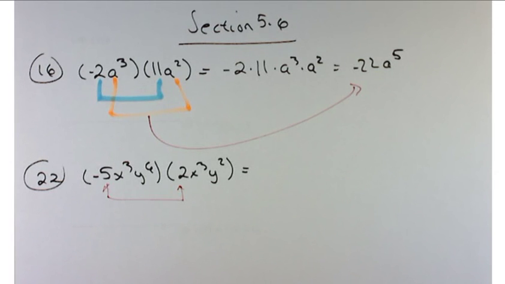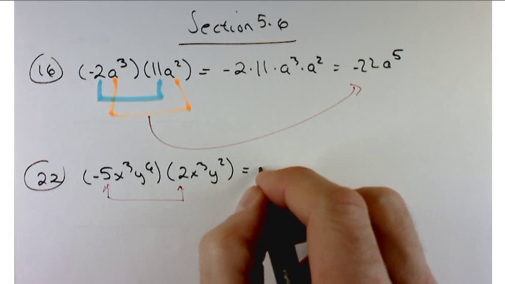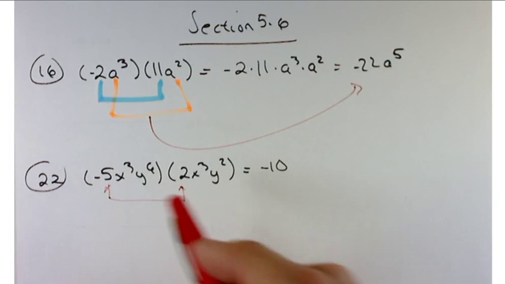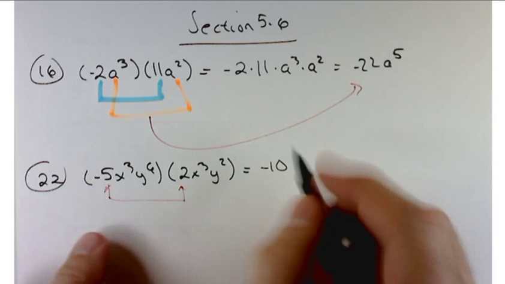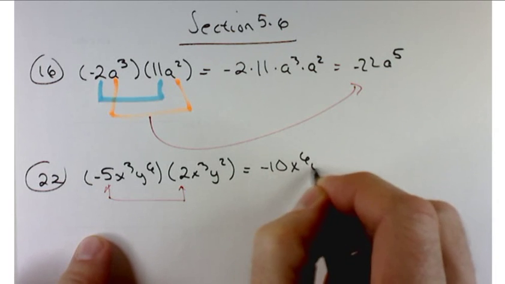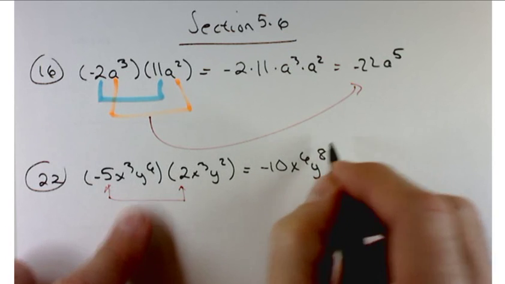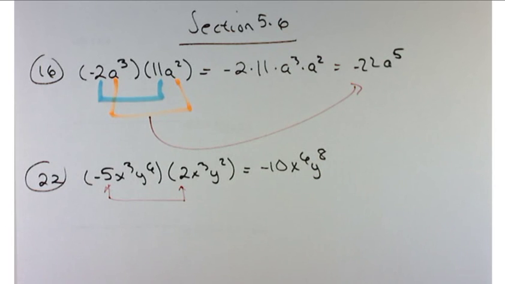What do we get? Negative 10, good. Add the exponents, thank you. X to the 6. How about the y's? Y to the 8th, yes. And that's it.